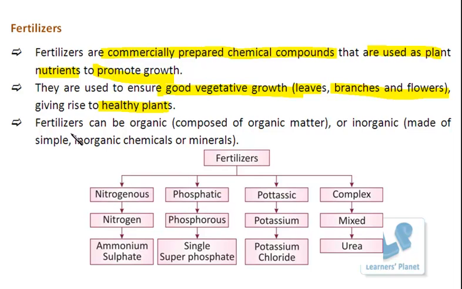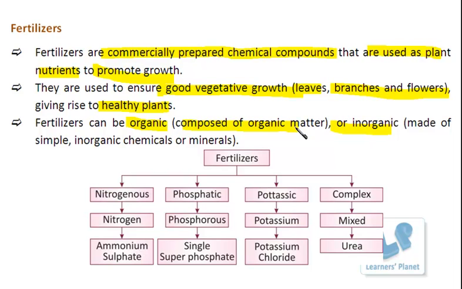It is an artificial means so as to increase the nutrient concentration in the soil so that plants can grow well enough. So these fertilizers which are prepared in the industries can be either organic or inorganic. So what is this organic? Organic means it is composed of the organic compounds or the organic matter. And which type of compound is known as the organic compound?